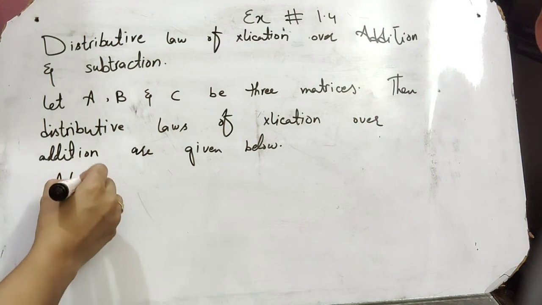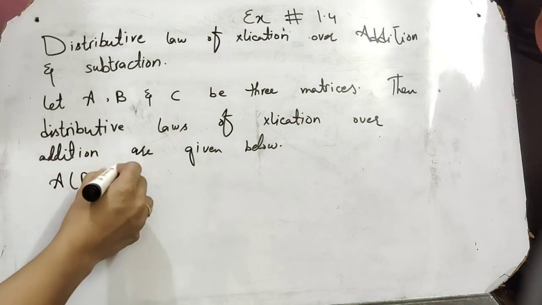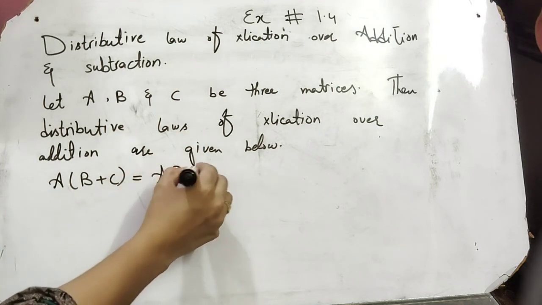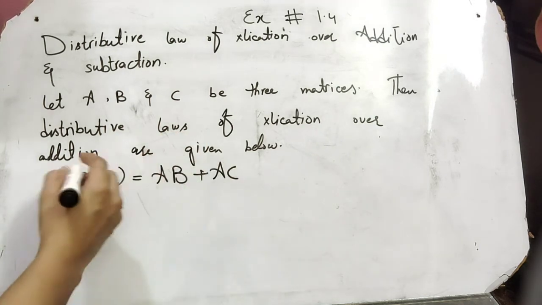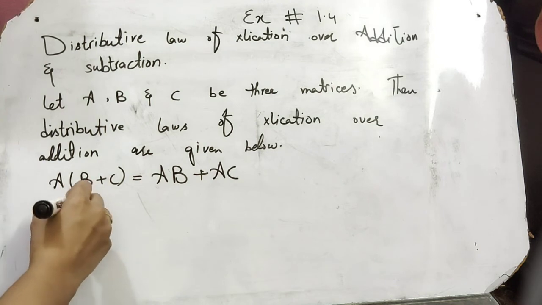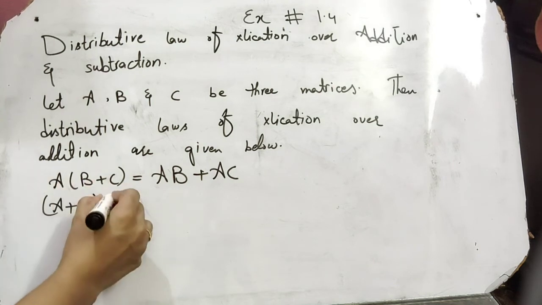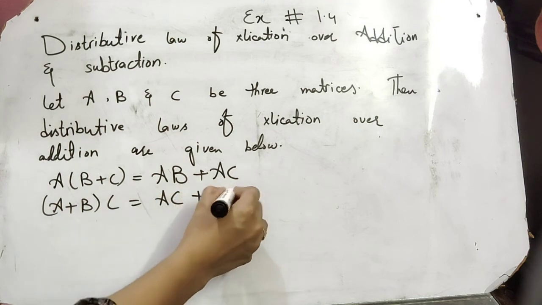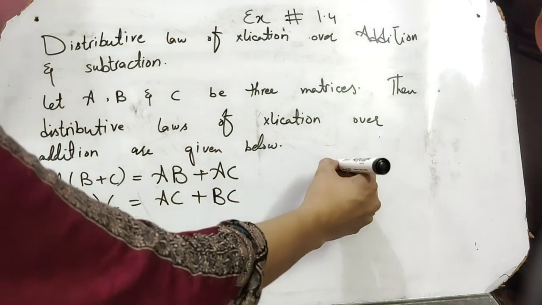A into B plus C is equals to AB plus AC, and A plus B into C will be equals to AC plus BC.